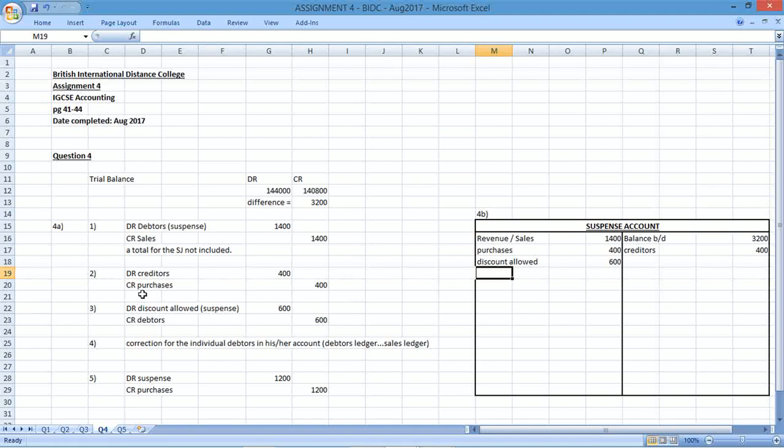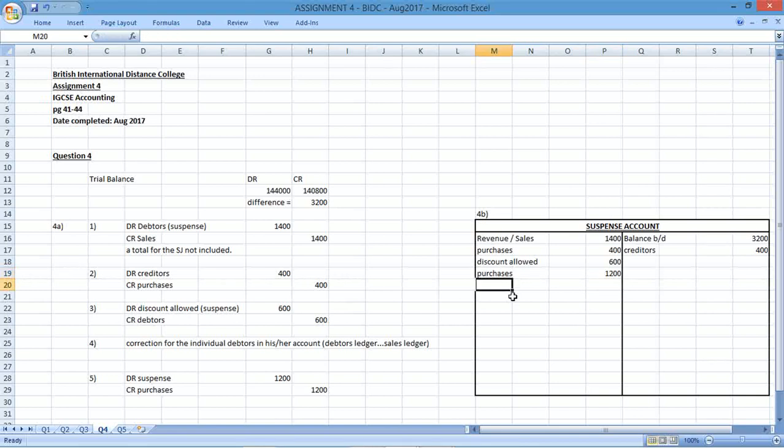A payment of 1,200 to a supplier had been entered twice in that supplier's account in the purchases ledger. So if it was entered twice in the purchases ledger, that means you processed it twice and we need to remove it once, so we were debiting the suspense. Okay, fine. So that was 1,200. That would have been for the purchases.